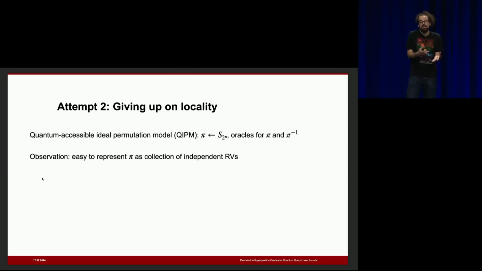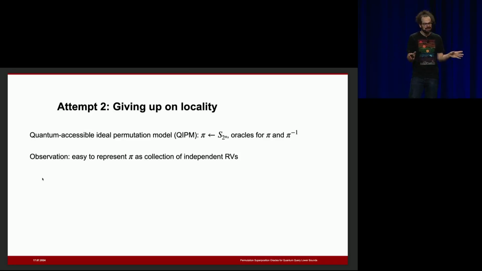So somehow the only path forward that's left is giving up on locality instead. One observation is that it's easy to represent a random permutation pi as a collection of independent random variables. For example, consider any randomized algorithm that samples a random permutation. Then its random tape is just a list of random bits, so we can use that as our collection of random variables.